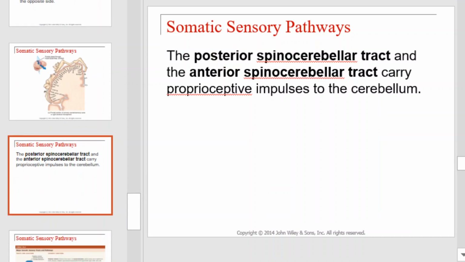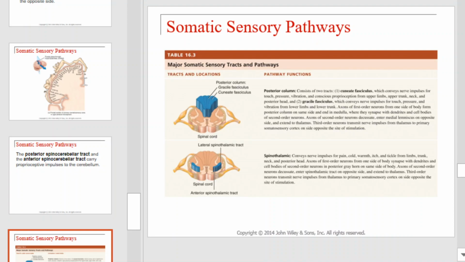The posterior spinocerebellar tract and anterior spinocerebellar tract carry proprioceptive impulses to the cerebellum. This table will provide you with a summary of the major somatosensory tracts and pathways. Take a moment to review each.